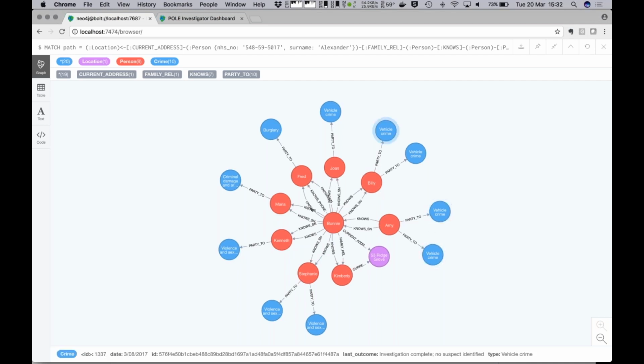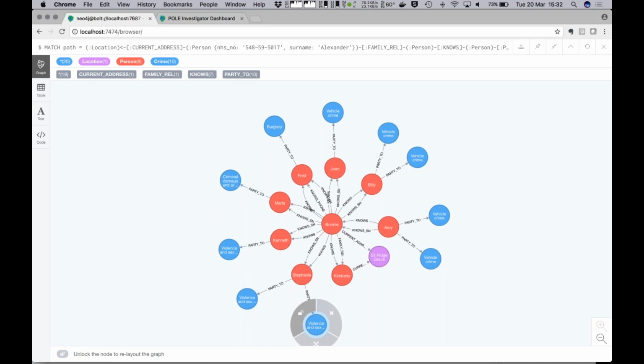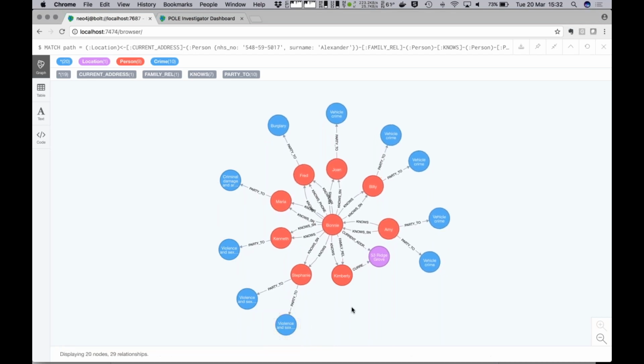So there's a lot of vehicle crimes going on here. Criminal damage, violence, and sexual offenses for a few of these individuals. So this might be an alert or certainly cause for alarm for the social services or for the police. And if they're interacting with Kimberly and Bonnie already, then this might be something that they would want to address or investigate further.